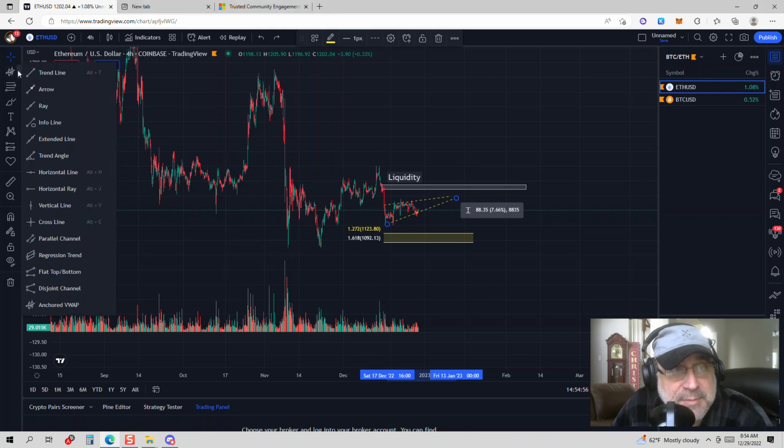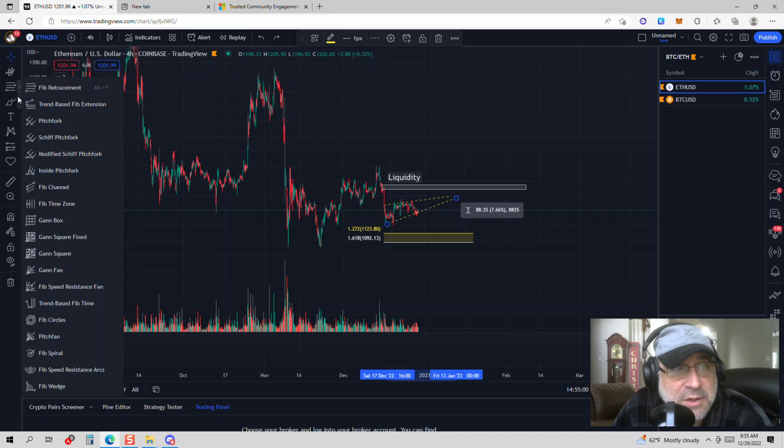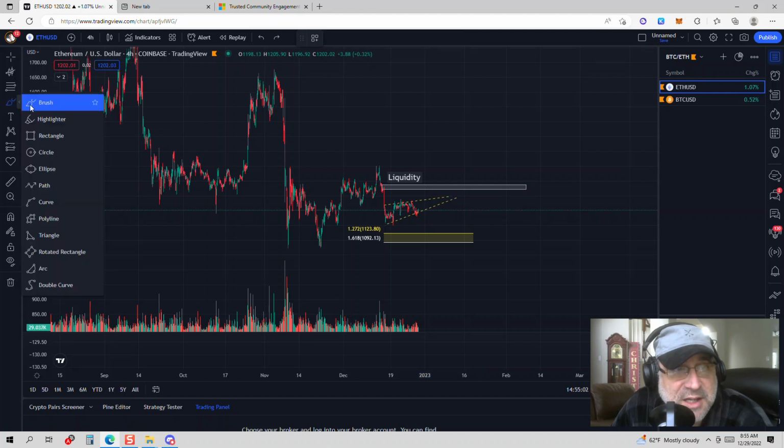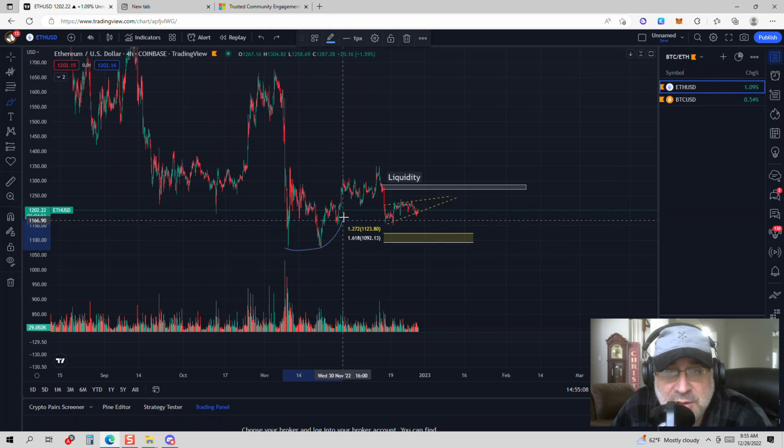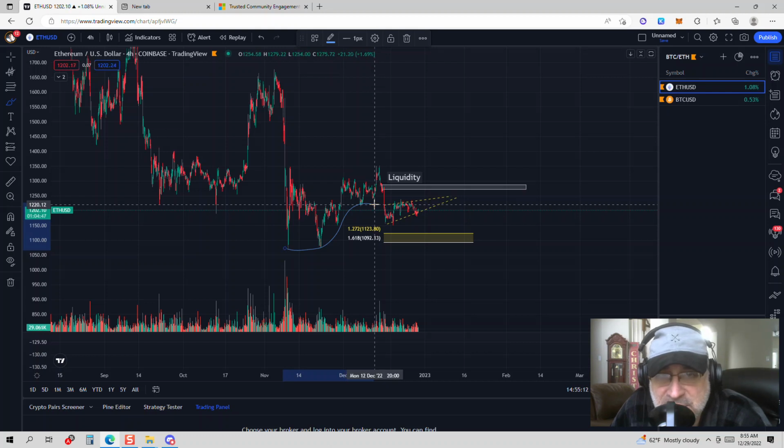For example, let me show you what I mean. If I get this brush here, see this line, this support line, I'm kind of drawing loosely around the lows of this range.